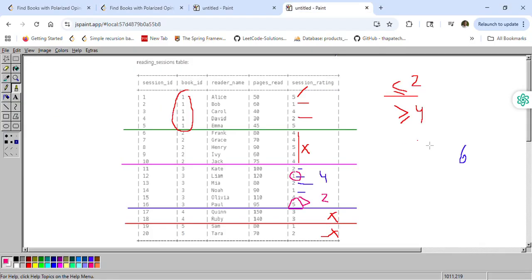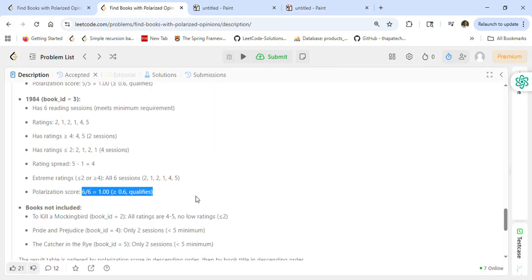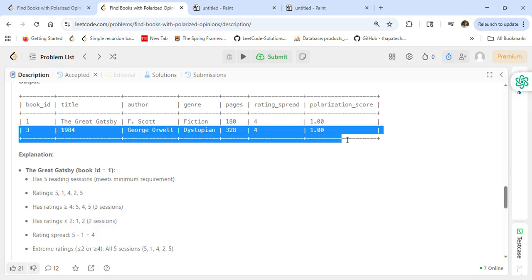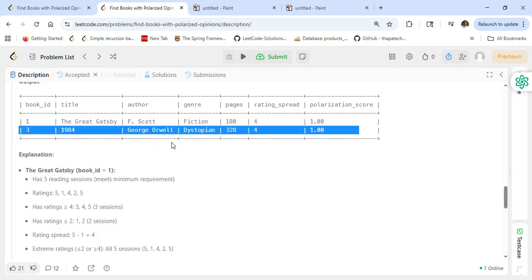We have seen that 6 here, so that is fine. Now we have to calculate that polarization score, which is 6 divided by 6, again 1. So again it is greater than equal to 0.6, which means that it will qualify. So we are going to output it. So now you can see here, 1984 is the title of the book, 1.0 is the polarization score, and rating spread is 4. So now you have completely understood this problem.